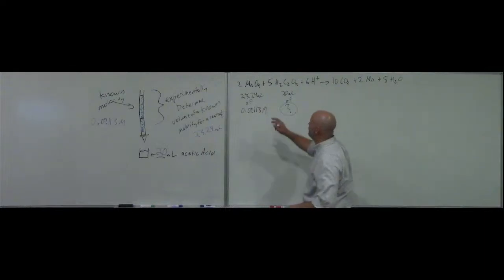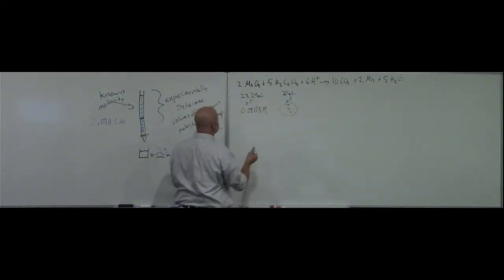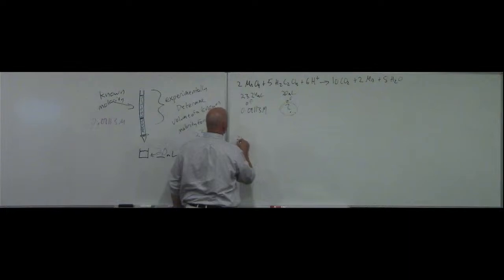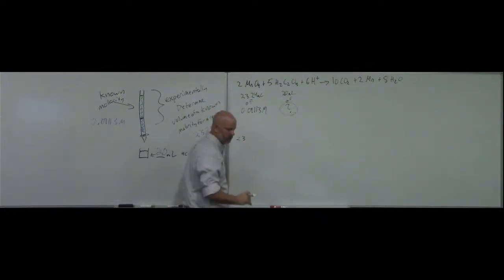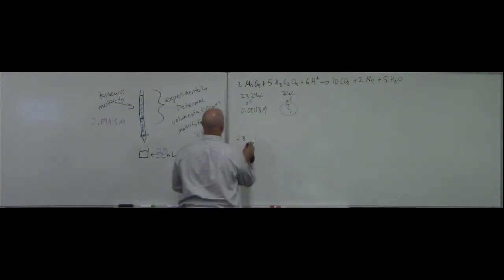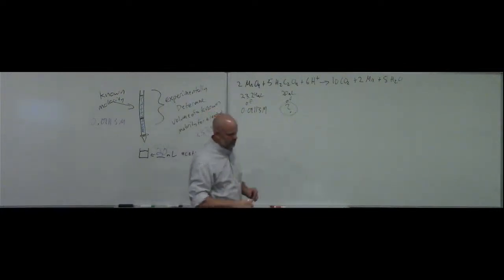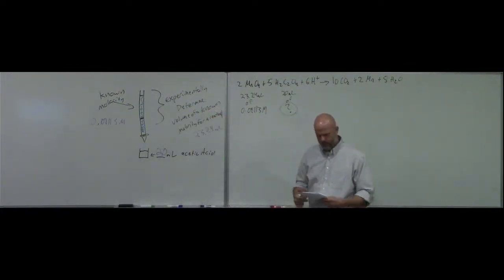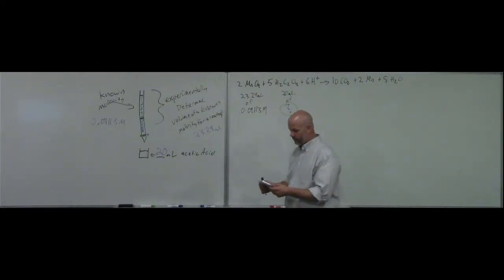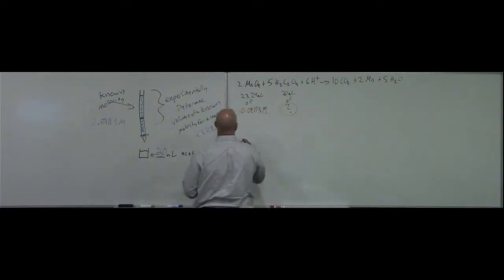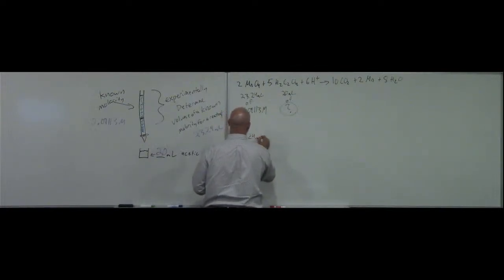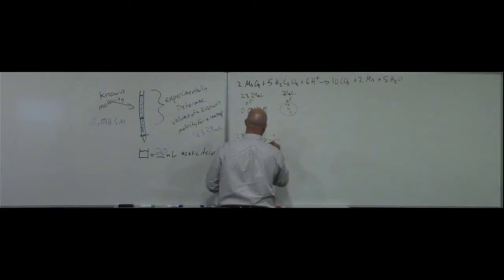So I can begin with my volume. Well, actually I'll begin with my molarity. You started with the volume before. Okay, well, let's do that. I reckon it'll come out the same either way. 23.24 milliliters times 1 liter per 1000 milliliters, right?